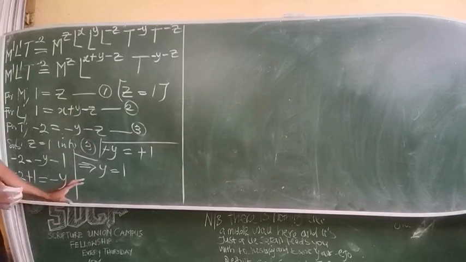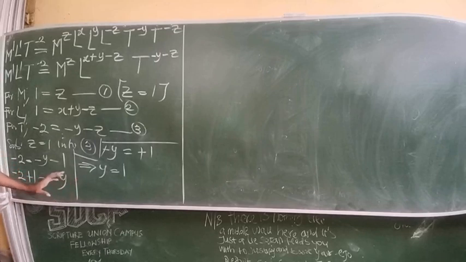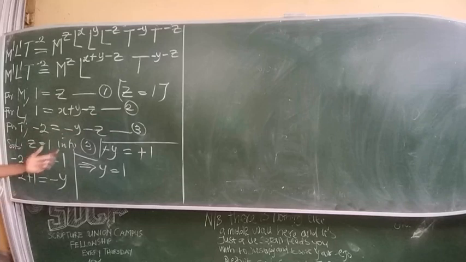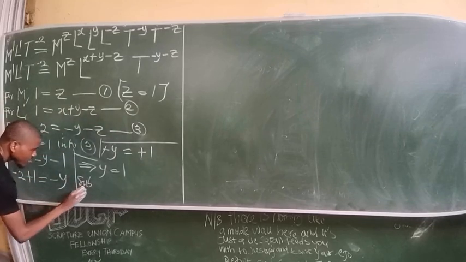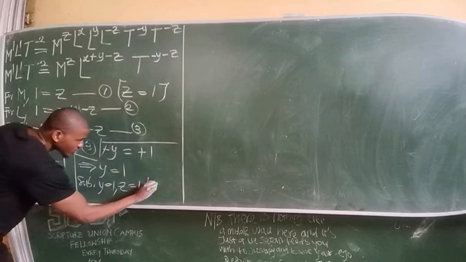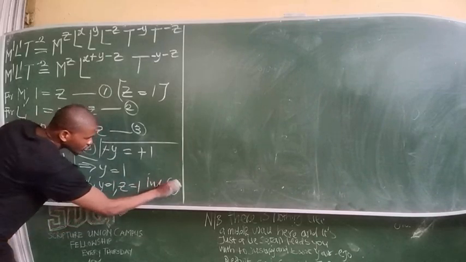If we know y, all we need to do is simply substitute y and z into equation 2, because we have the value for y now, and we have the value for z. So simply substitute into equation 2 to find the value for x. So substitute y equal to 1, z equal to 1 into equation 2.